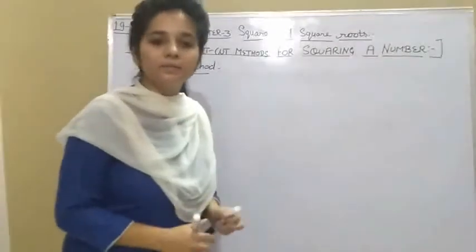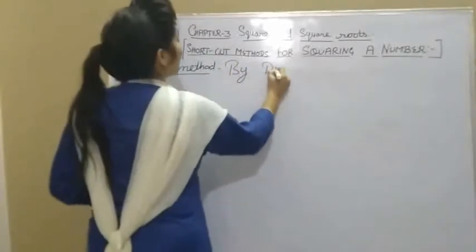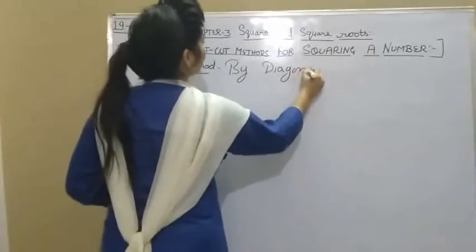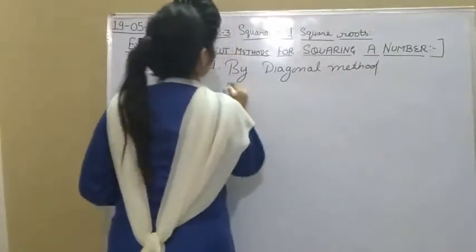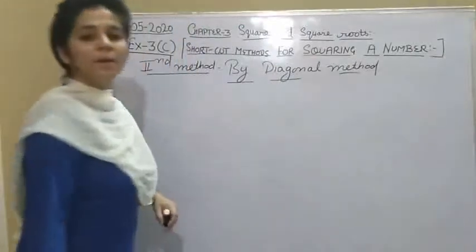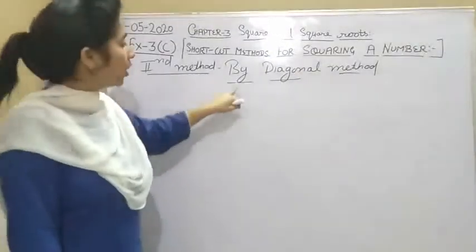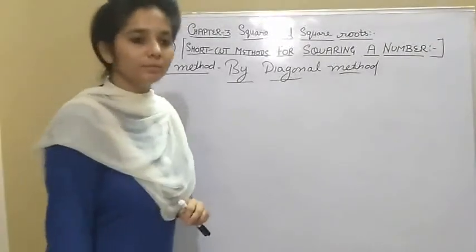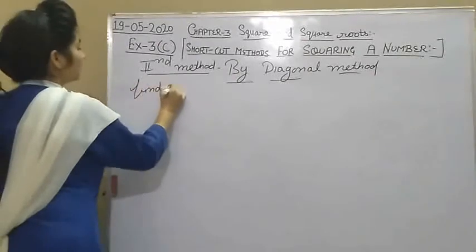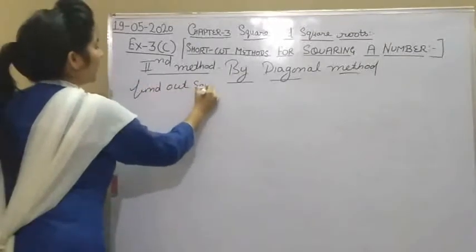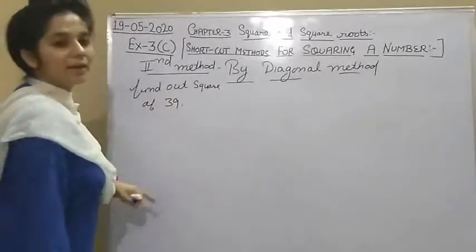Now your second method for squaring a number is the diagonal method. Let's take an example to make this method clear. Find the square of the given number 39.